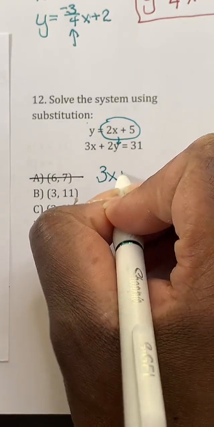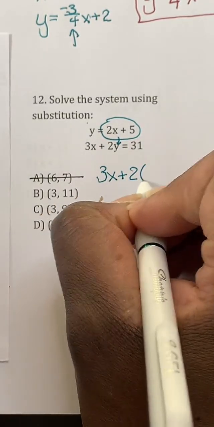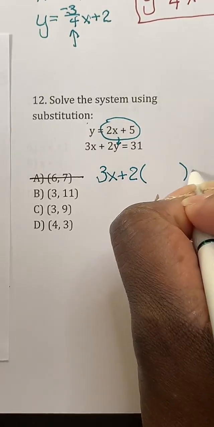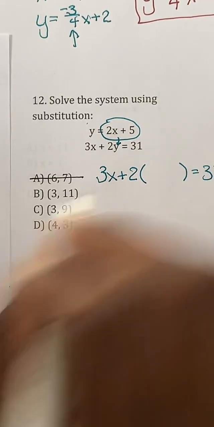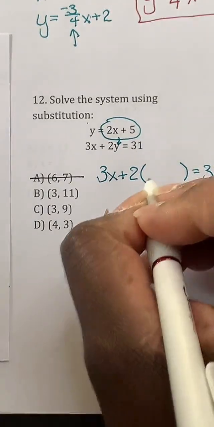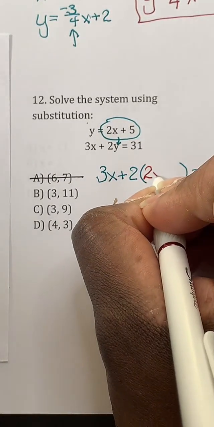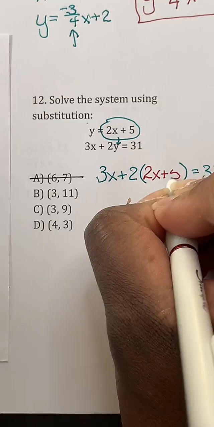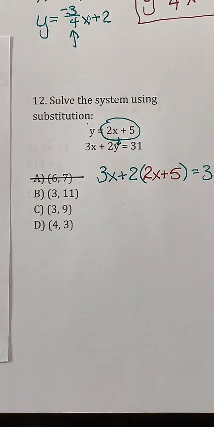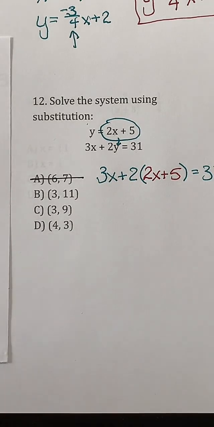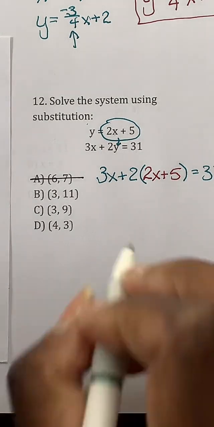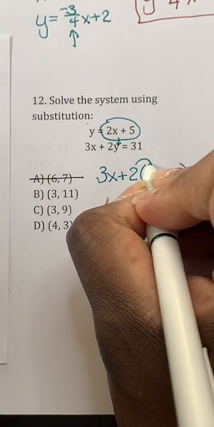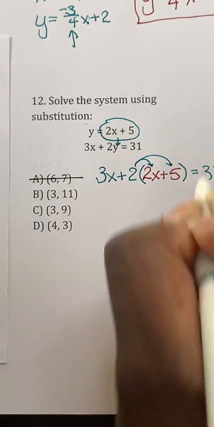So it's going to look like this. We have 3x plus 2 times, but instead of y equals 31, I'm going to plug in my 2x plus 5. Okay. So when you plug in, and I'm seeing some people saying B's, which is good, I'm going to do my little multiplication right here.